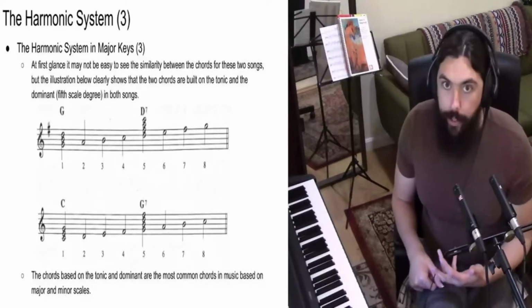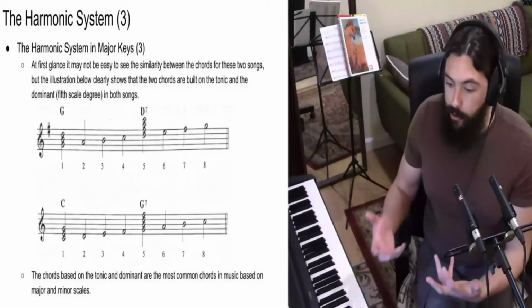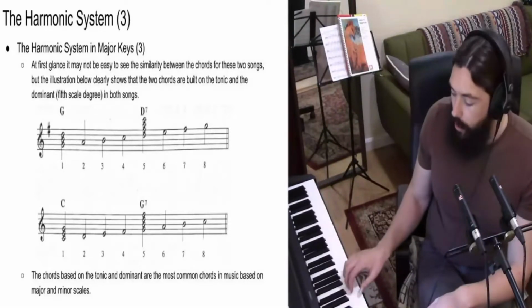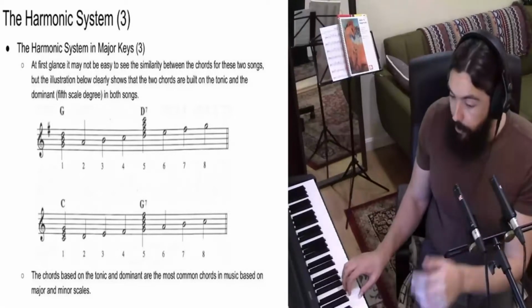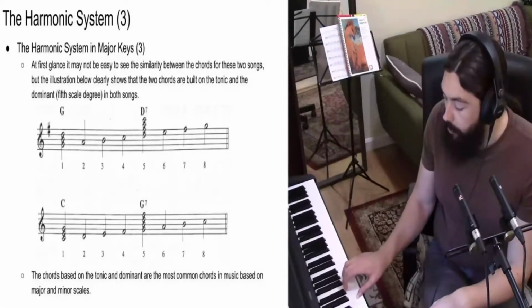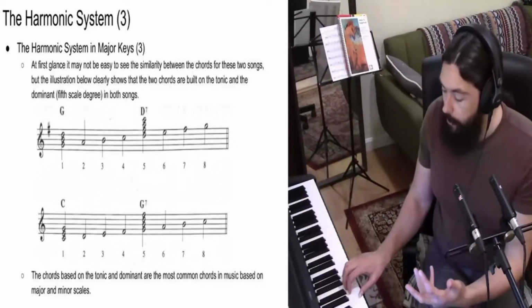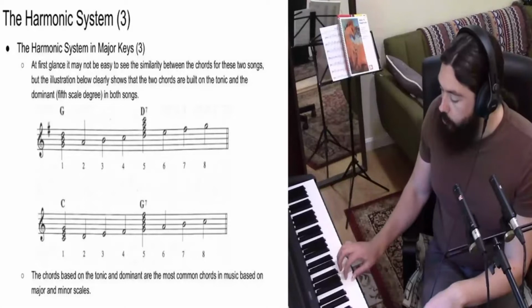Okay, and then in the key of C, it's still going to be a tonic and dominant, just now since it's a different scale, they're going to be different chords, but they're the same types of chords. So you've got C chord for your tonic, and then remember in the C scale, what's the 5th scale degree? C, D, E, F, G, right?